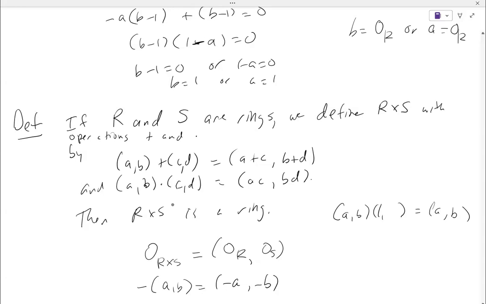I better have one here and one here. Right? So the multiplicative identity will be exactly that. Use the multiplicative identity in each component, right?